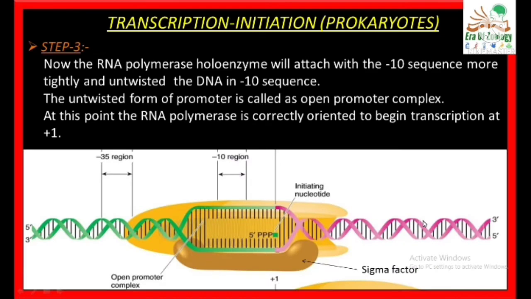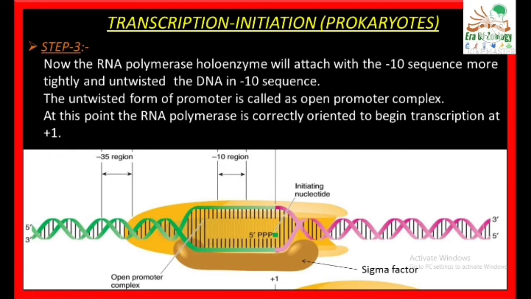In the third step, the RNA polymerase will attach with the -10 sequence more tightly. You can see that this is the -10 region, which is the TATAAT region. The RNA polymerase along with the sigma factor attach with the -10 sequence more tightly, and in this state the DNA double helix will start to untwist.